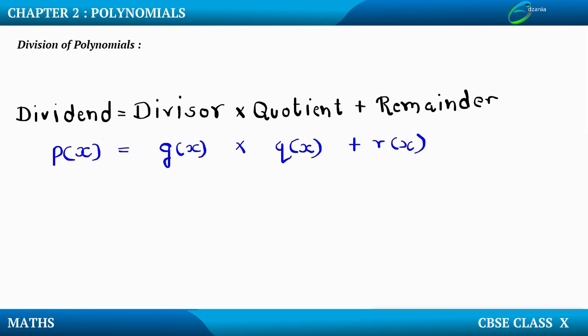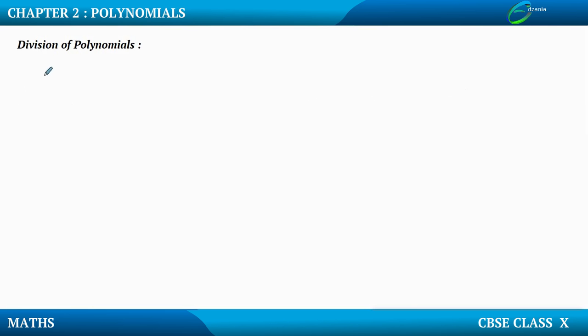Let me consider two polynomials now. So I'm writing down a question, divide x cube minus 3x square plus 2x plus 5 by x plus 2.